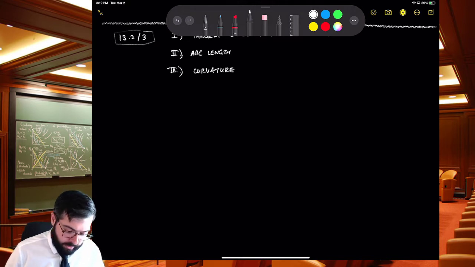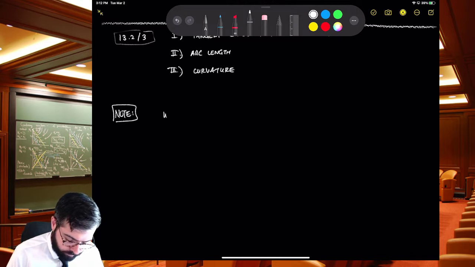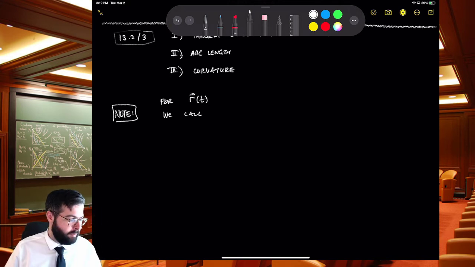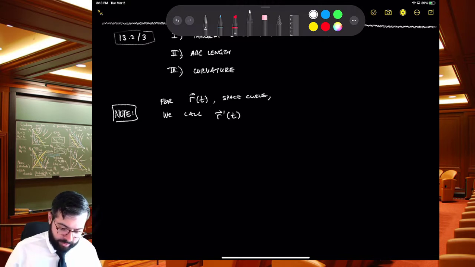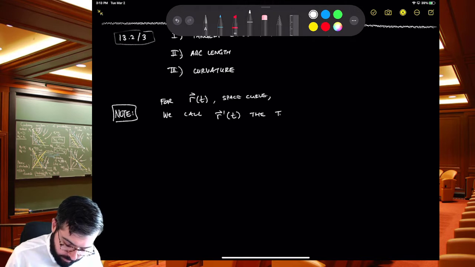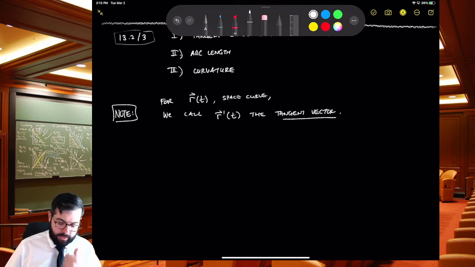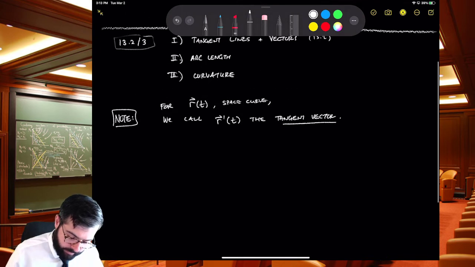So, some things to note here. For a space curve r of t, a vector function with some parameter t, we call r prime, which we talked about last time, the tangent vector. And how do we define r prime of t?